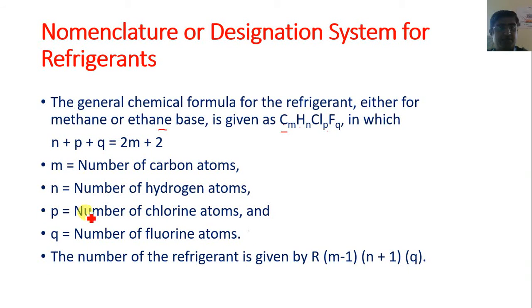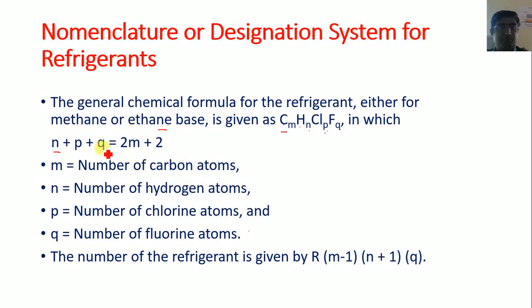So here you can see m, n, p, and q. m indicates the number of carbon atoms, n the number of hydrogen atoms, p the number of chlorine atoms, and q the number of fluorine atoms, in which n plus p plus q is equal to 2m plus 2.